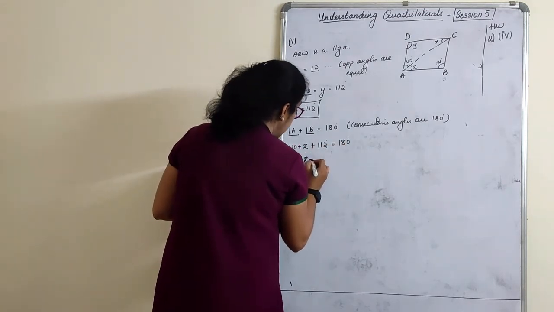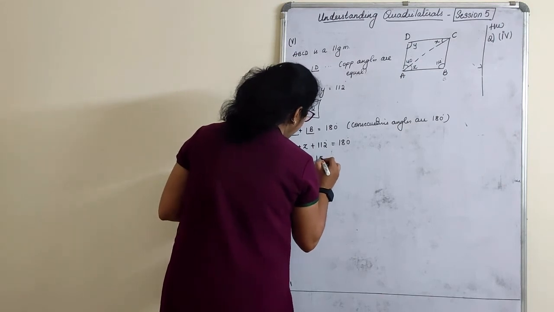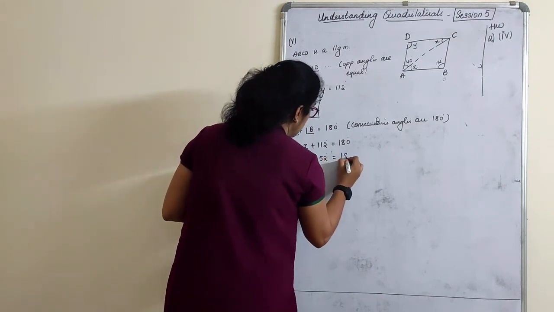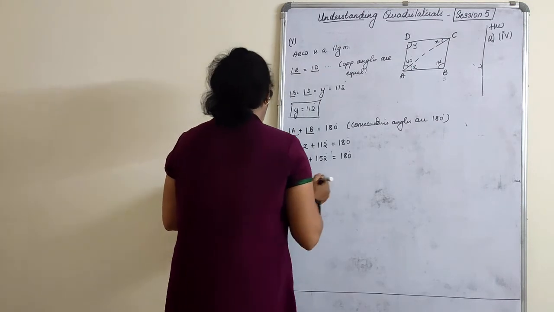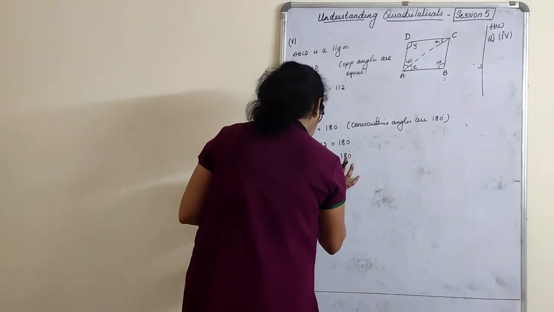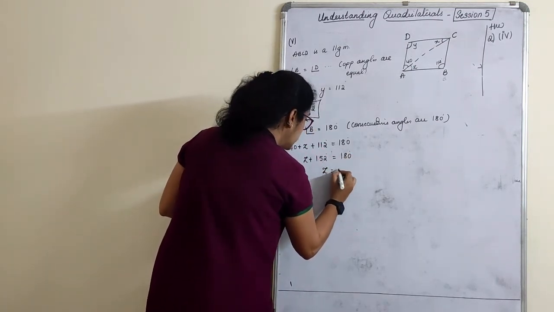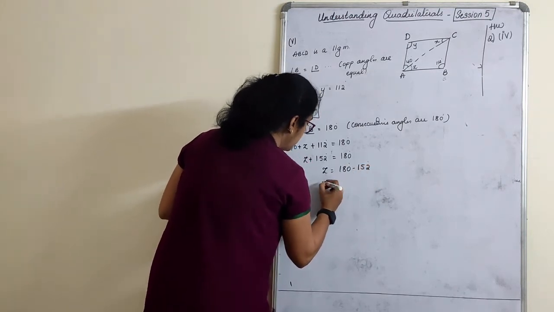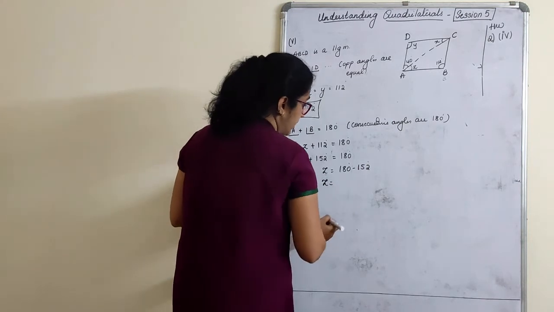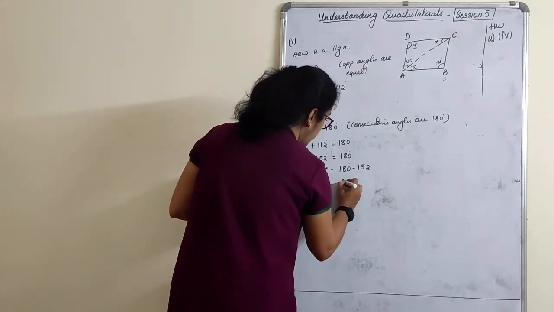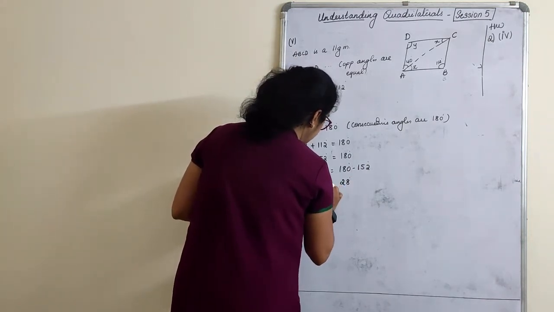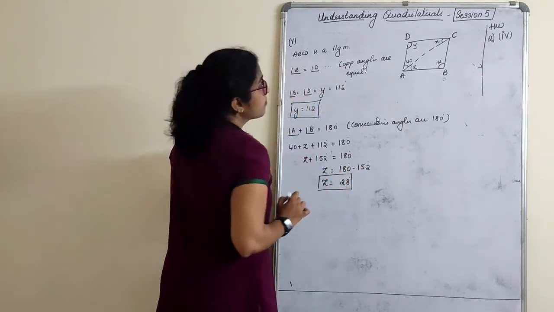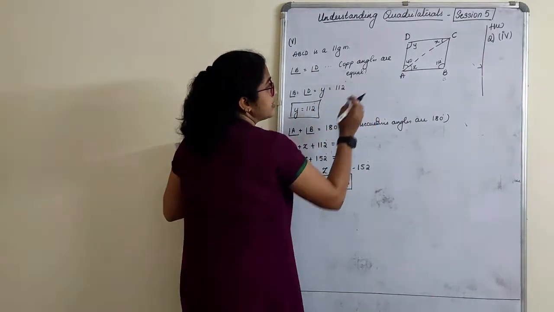So Z plus 152 is equal to 180. So Z is equal to 180 minus 152. You get 28 degree. So Z angle is 28.